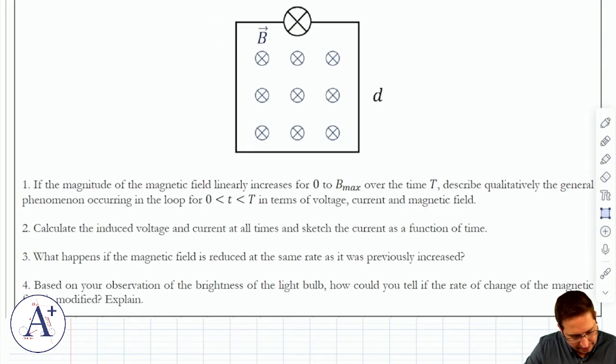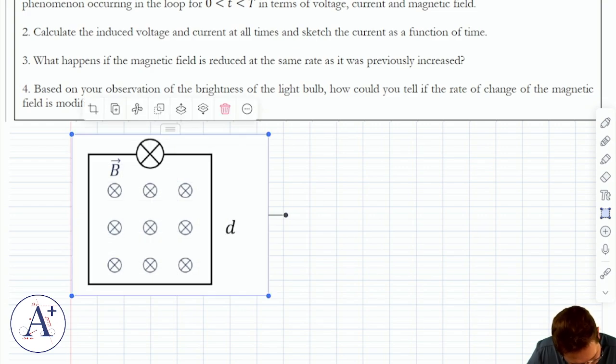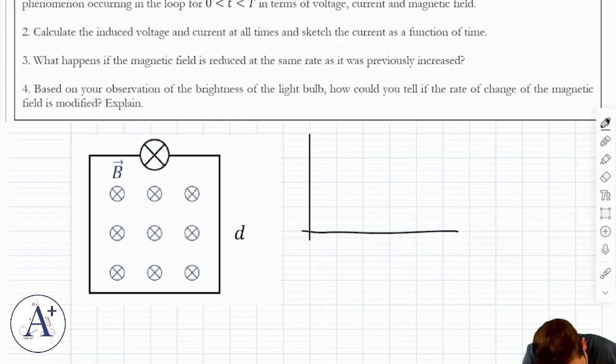We are told that B increases linearly from 0 to B max over a time capital T. Maybe let's just graph that.